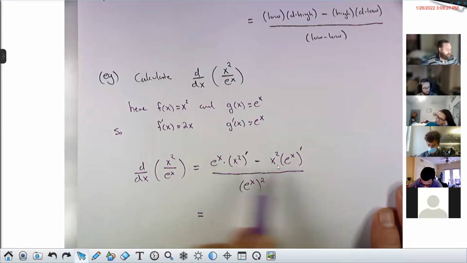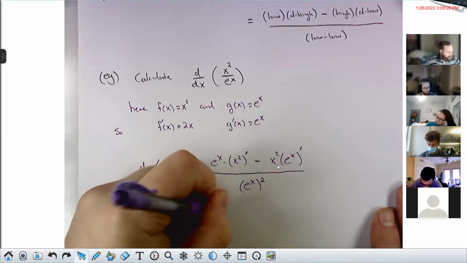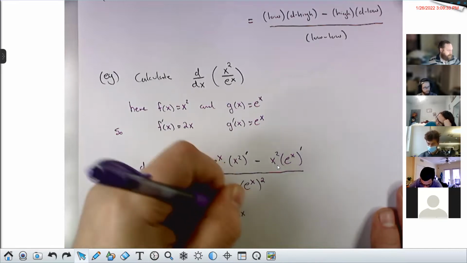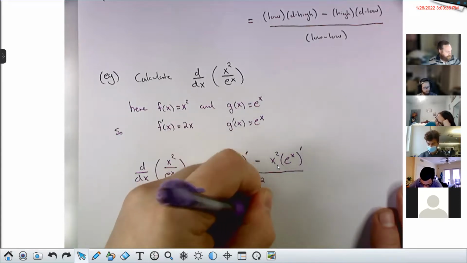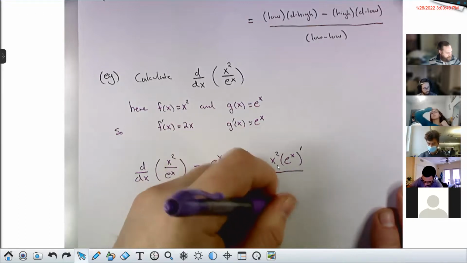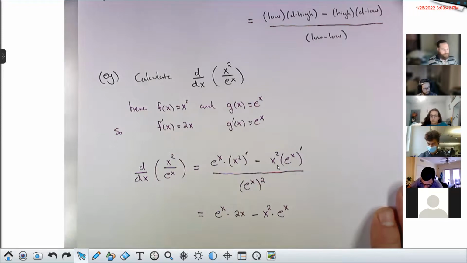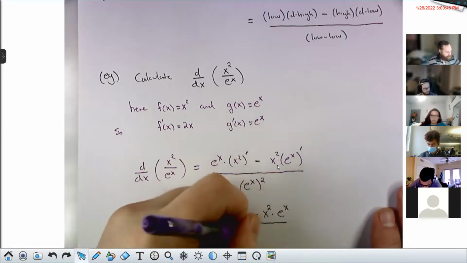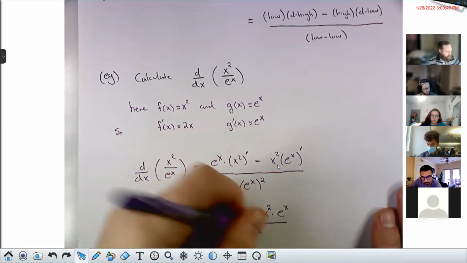Then I go ahead and compute the individual derivatives. So that's e to the x times derivative of x squared, which is 2x, minus x squared times the derivative of e to the x, which is e to the x, all divided by e to the x all squared, which is e to the 2x.